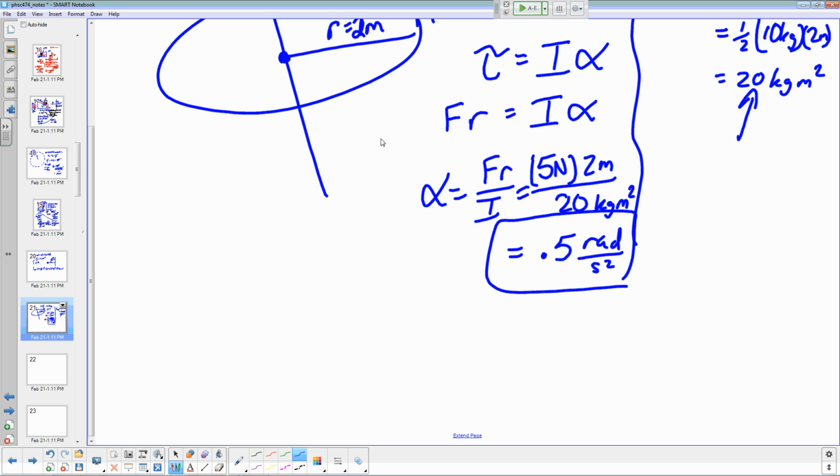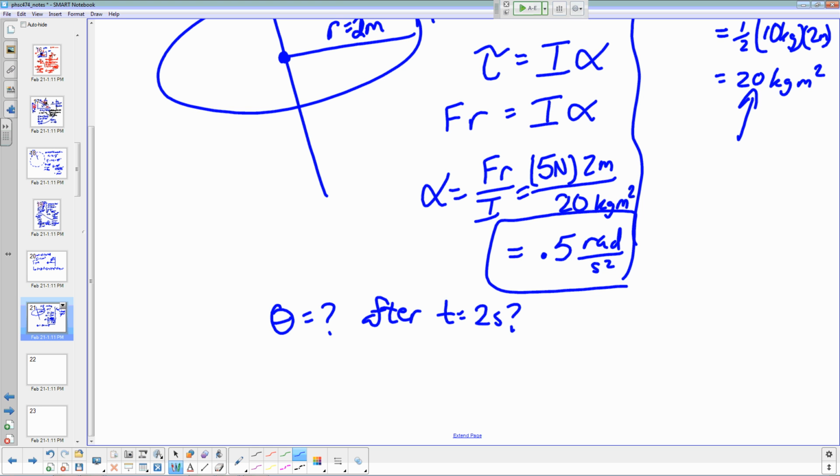And then from that, you can do all the things that we did with kinematics. We have those kinematics equations that are now written for this rotational frame with our thetas and our omegas and our alphas. Say, for example, I want to know what theta is after t equals 2 seconds. I want to know how many radians it has gone through in that amount of time.